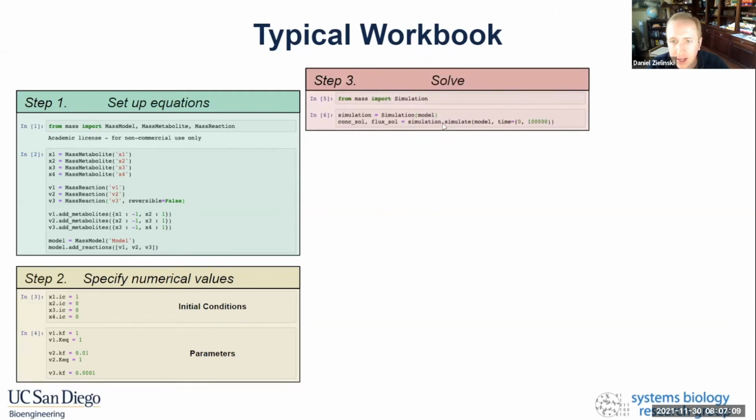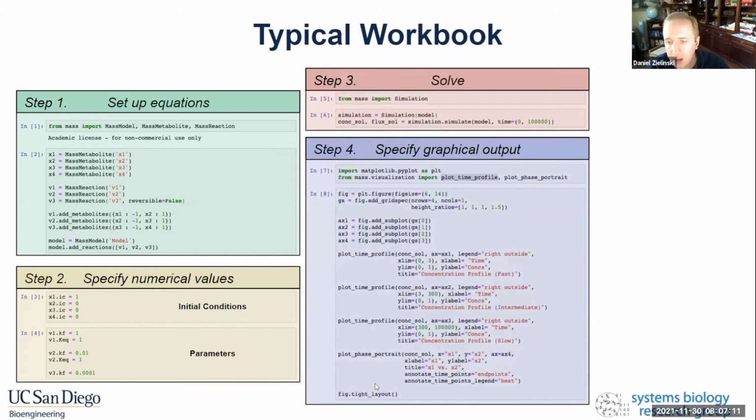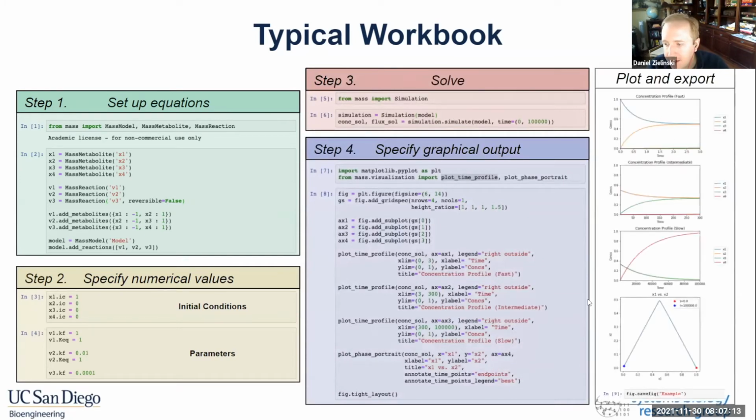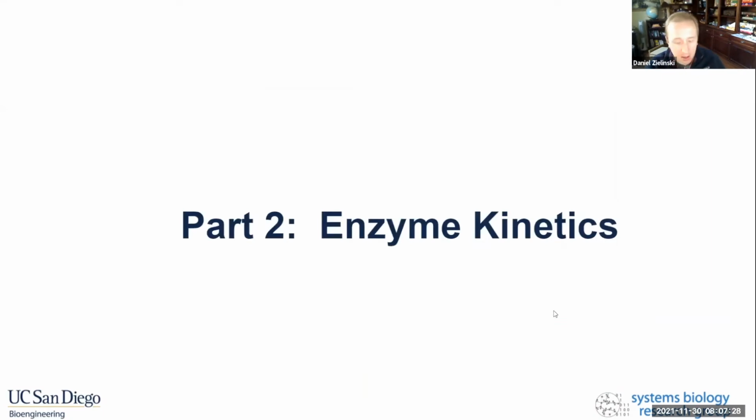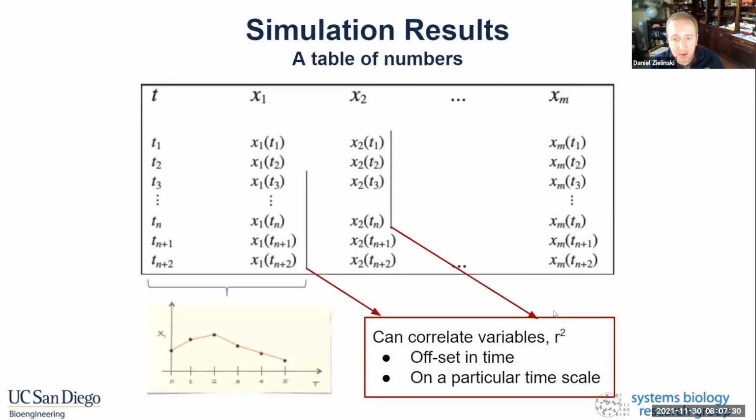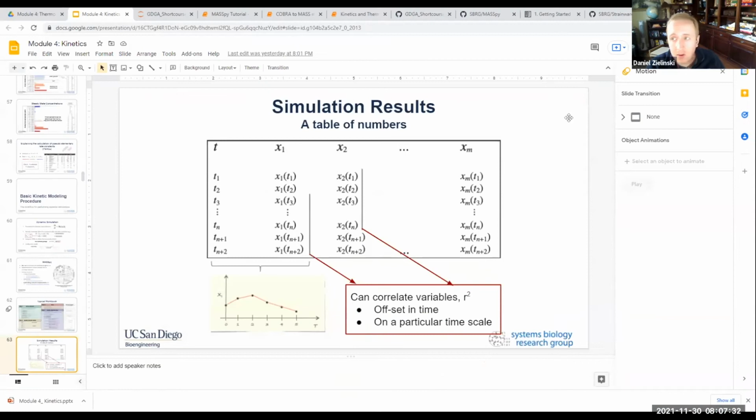So this is solving that differential equation system, and then plotting. Okay, and this is just an example of the output. So whenever you do a simulation, you end up with some kind of table of numbers, and it comes down to these plots, and you have to somehow extract some information, and Zach will go over how to do that.